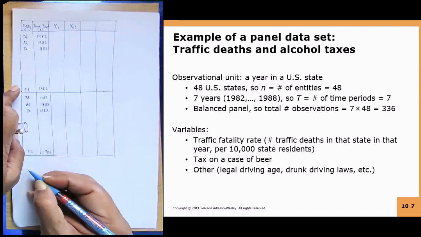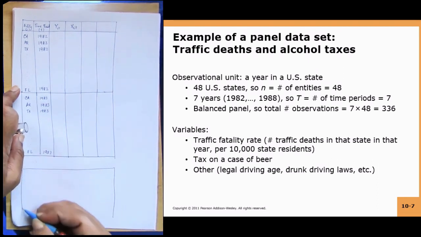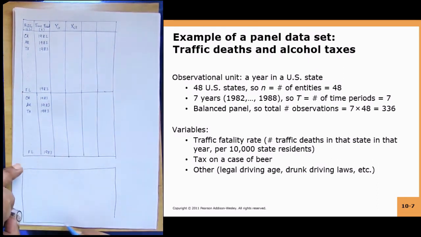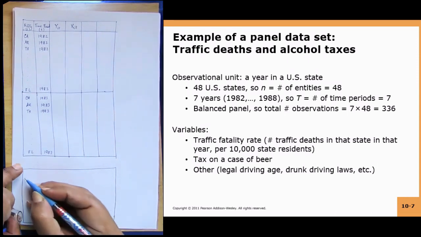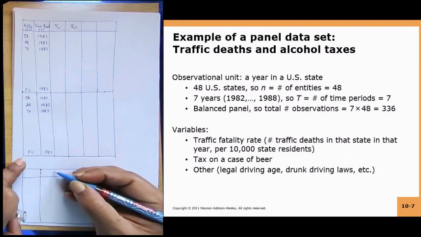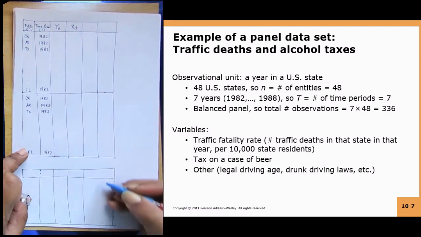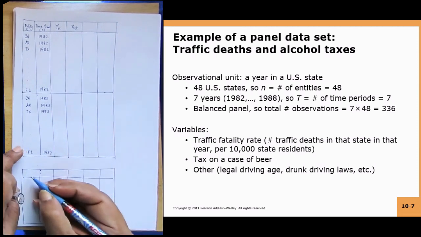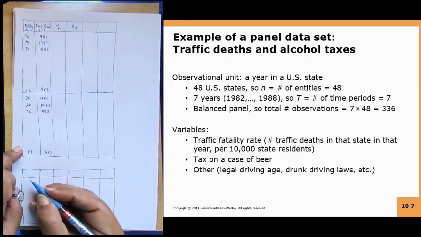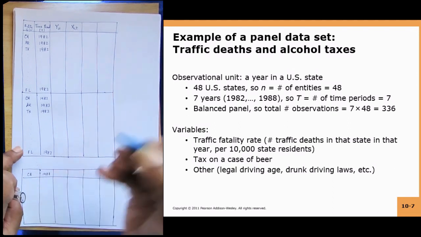Like this, you have data till 1988. When you have just one year's data, you call that cross-sectional data. When you have many years' data, you call that time series data. So again you have California 1988 and so on.